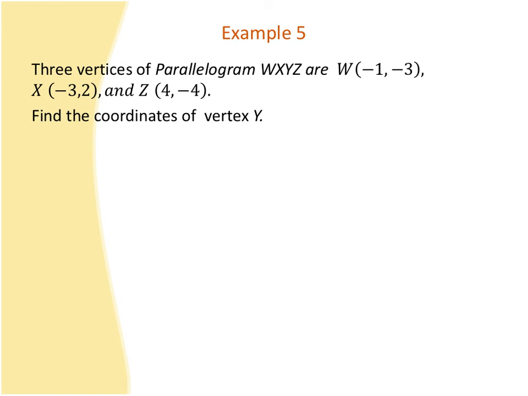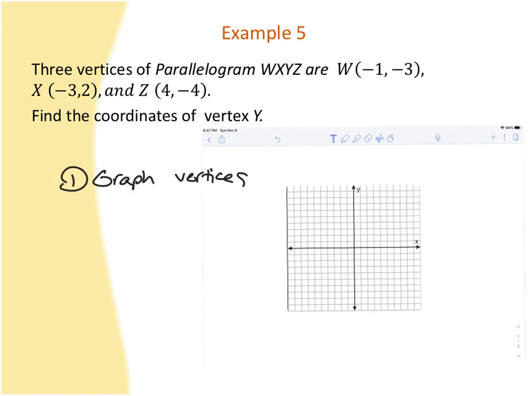So I'm going to go ahead and put a picture in here. Let me see if I can add a picture to my slide. So step 1, graph vertices W, X, and Z, which is what was given to me. So W is over here at -1, -3. That's W. And then I'm going to graph X, which is at -3, 2, which is here.